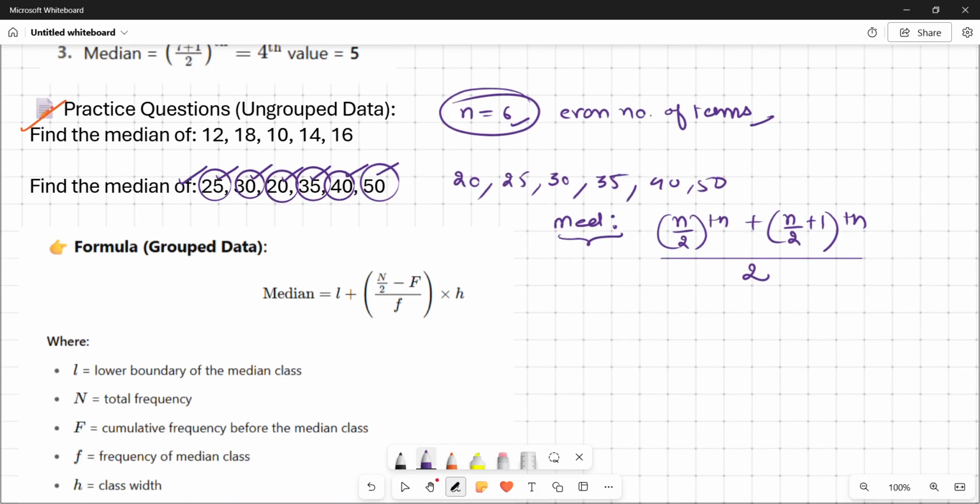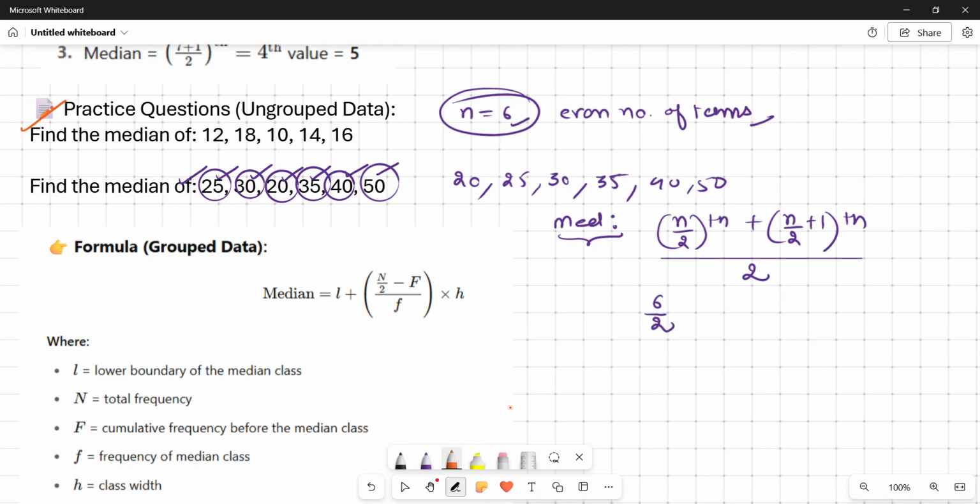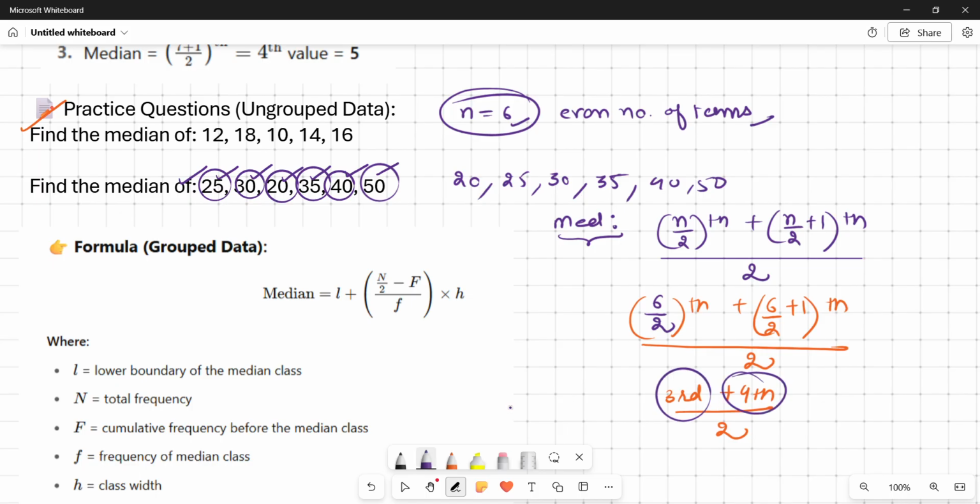Now in this question the value of n is 6, so we put 6 in place of n: 6 divided by 2th term plus 6 by 2 plus 1th term, and this whole divided by 2. This becomes the third term plus the fourth term, since 6 by 2 is 3 and 3 plus 1 is 4, divided by 2. So we have to find the sum of the third and fourth terms and divide it by 2.